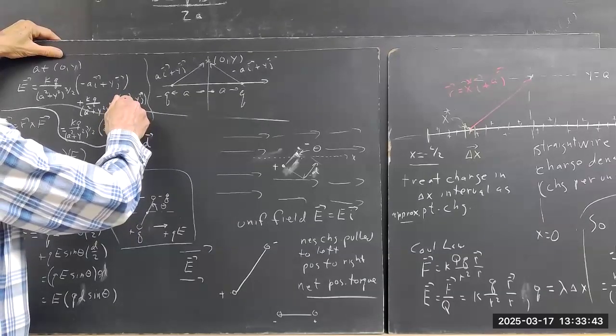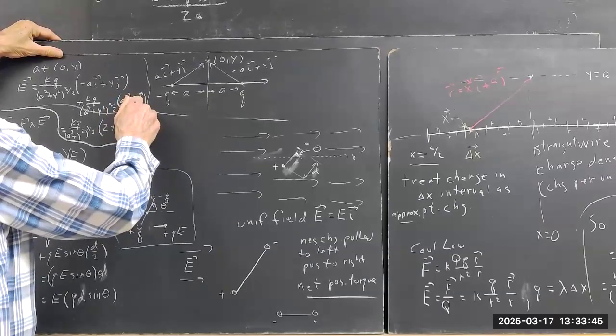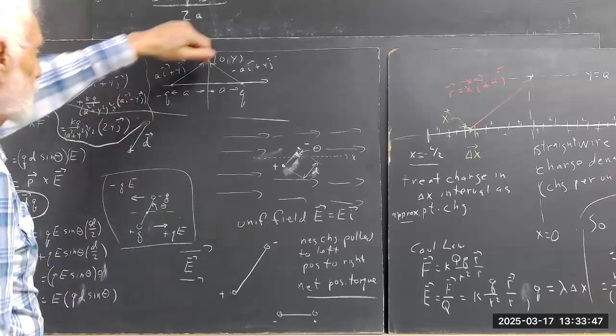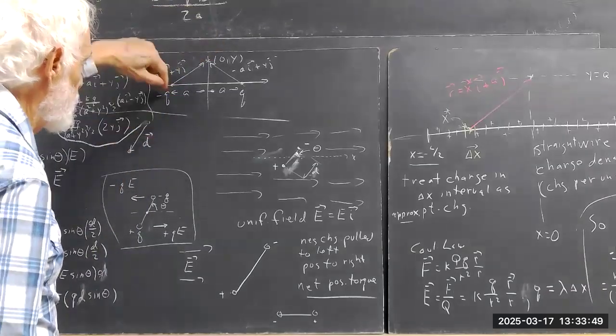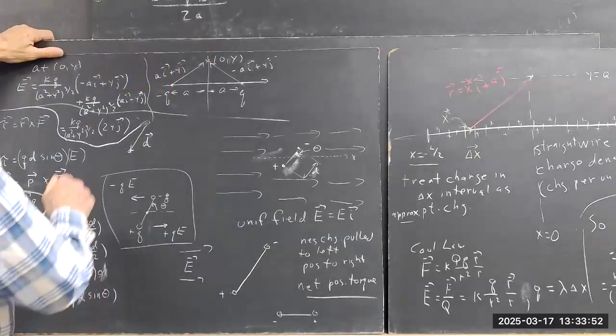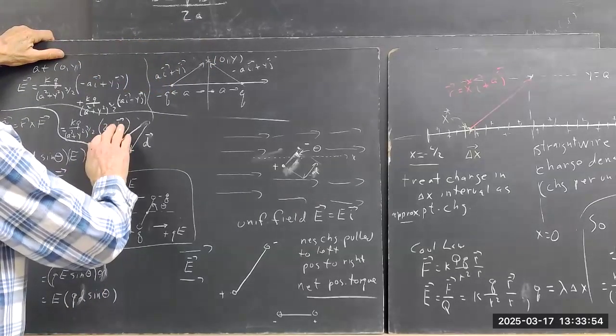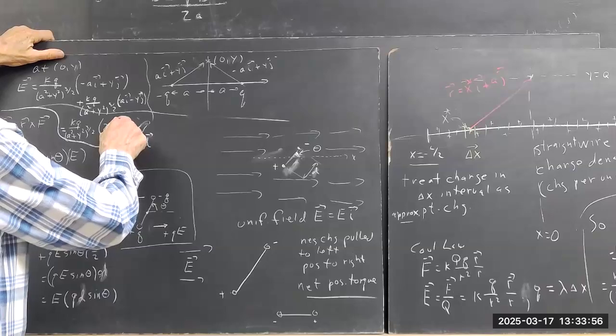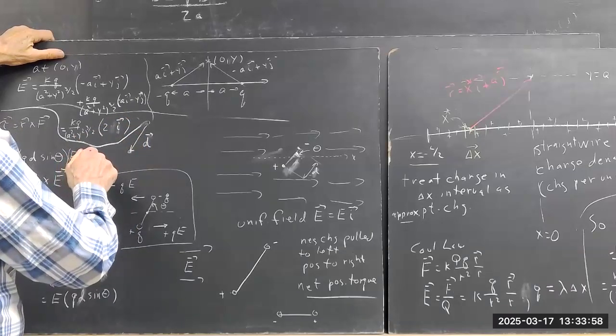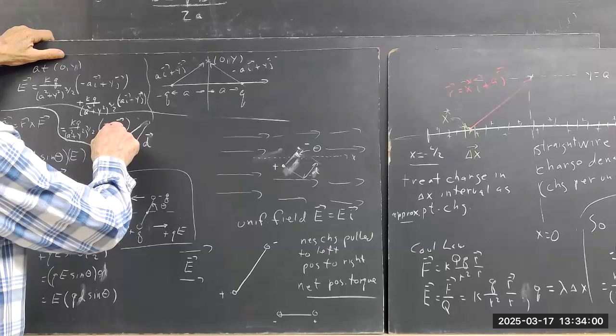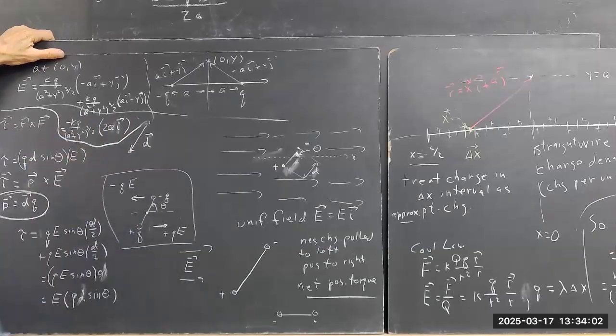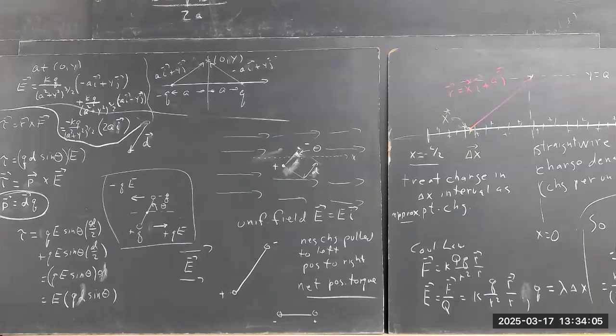Carelessly, this should be negative AI minus YJ because the force this exerts is in this direction. So that's a correct expression.